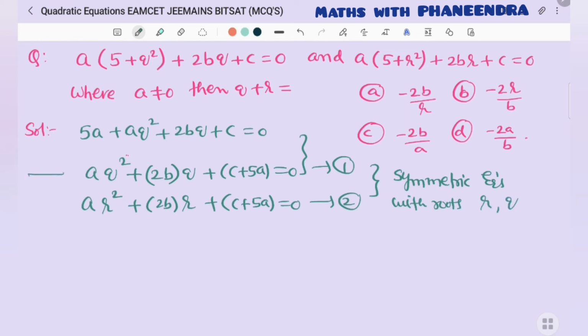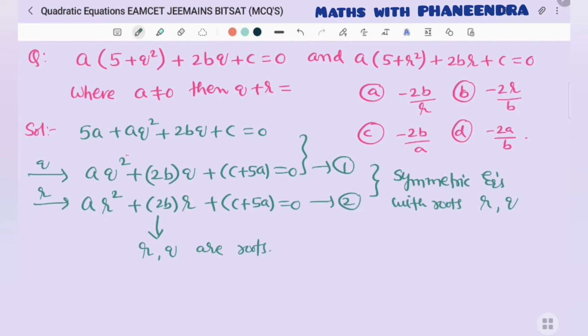See, this equation is a quadratic equation in terms of q, and this one is a quadratic equation in terms of r. That means both the quadratic equations are symmetric with q and r. So, if you consider any one of the equations, either this equation or the first equation, it contains the roots q comma r. Q comma r are the roots.